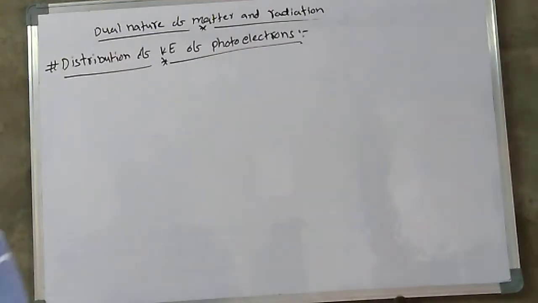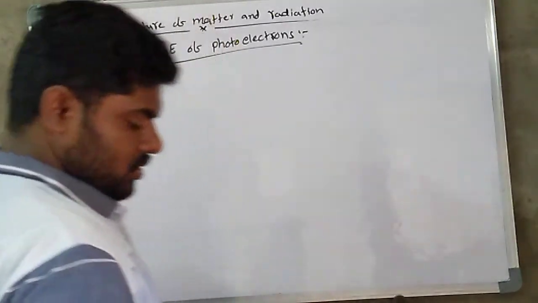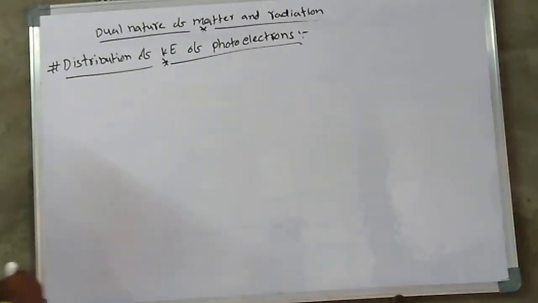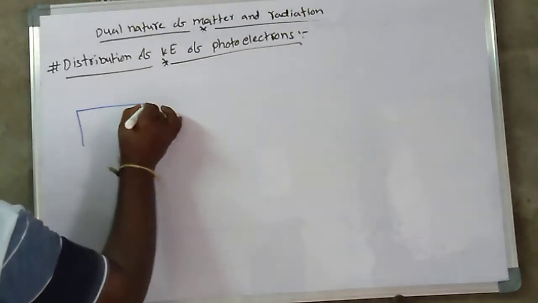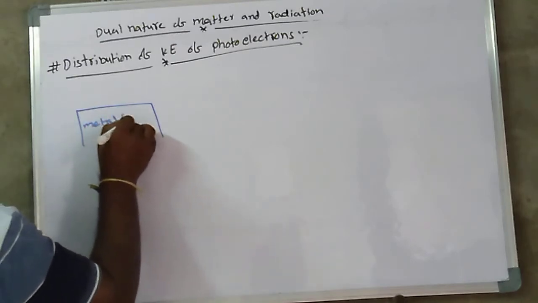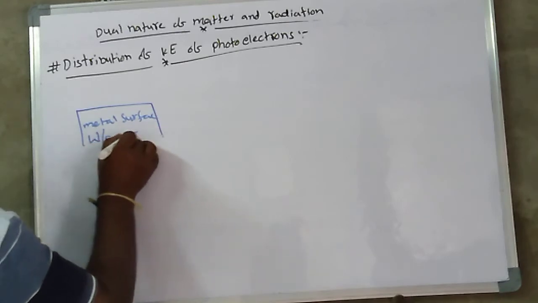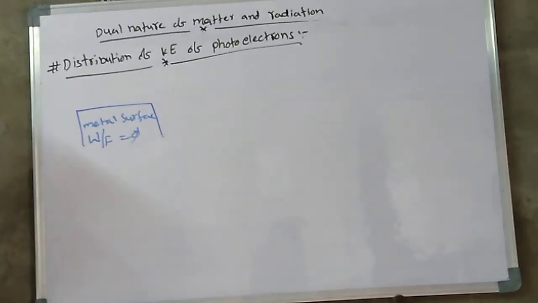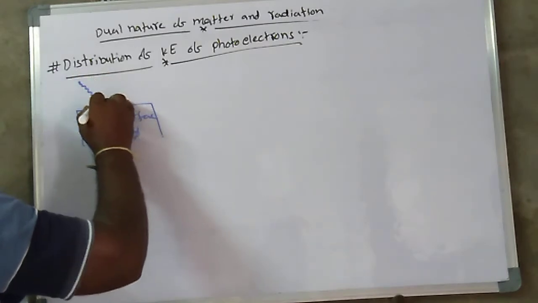Another important topic: distribution of kinetic energy of photoelectrons. So let us consider a metal surface. Here the work function is equal to phi. A photon is incident like this.